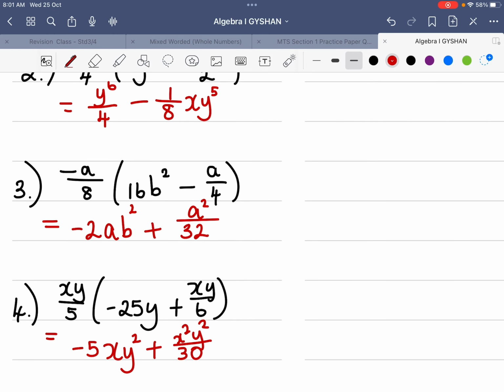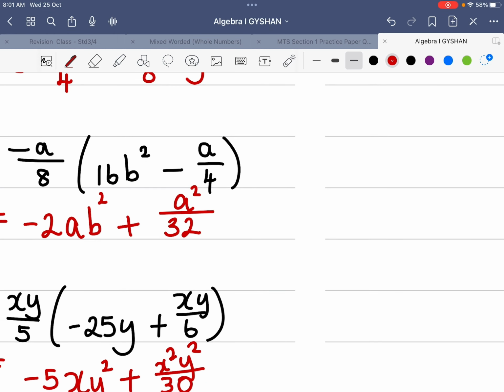Number 3, we have minus a over 8 by 16b squared minus a over 4.